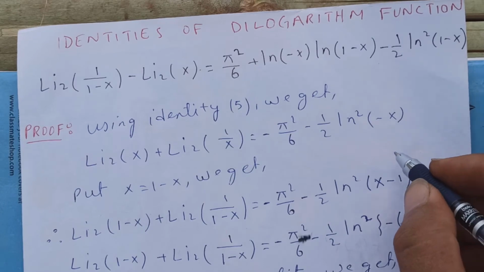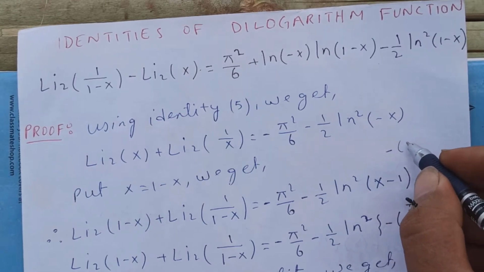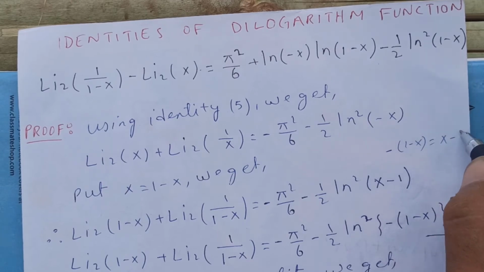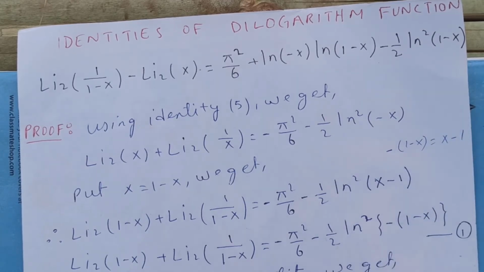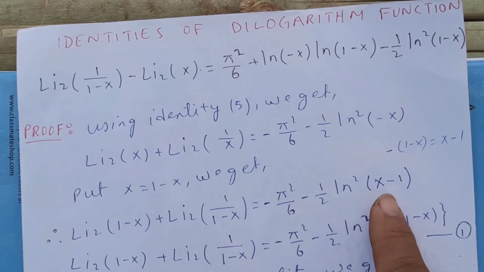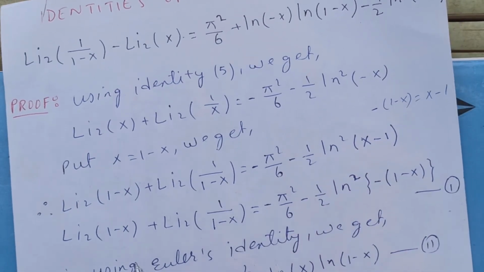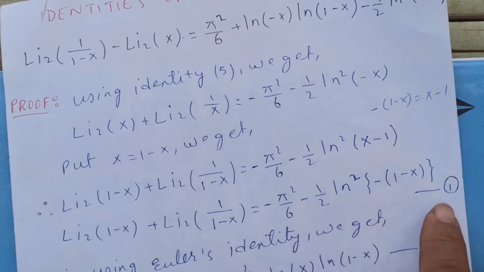So if x is replaced by 1 minus x, this will be x minus 1. Okay, so because of that, x minus 1 comes out here. Therefore, after simplification, Li2(1-x) plus Li2(1/(1-x)) is negative pi squared over 6 minus half of natural log squared of negative, common here, 1 minus x. Okay, that we call equation 1.